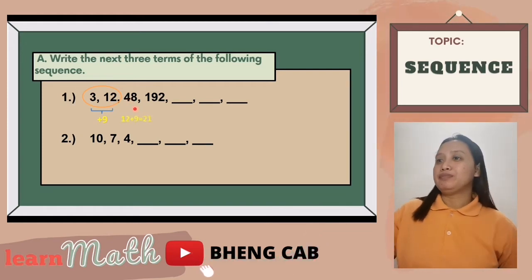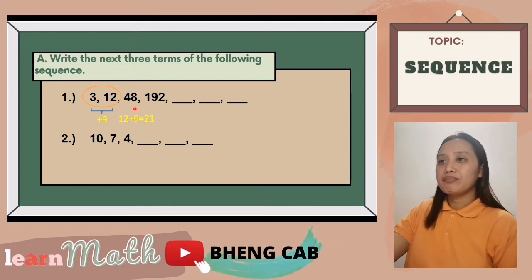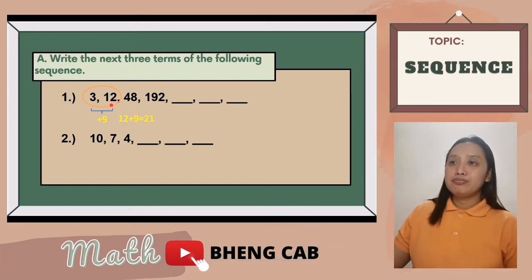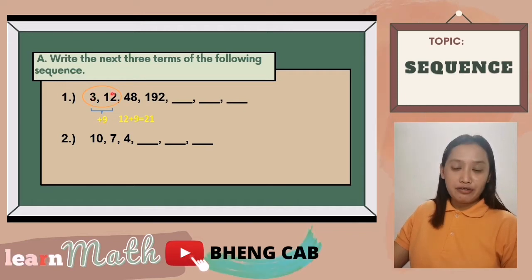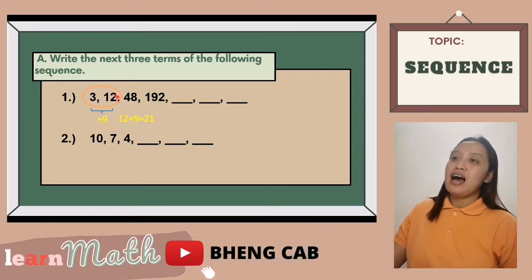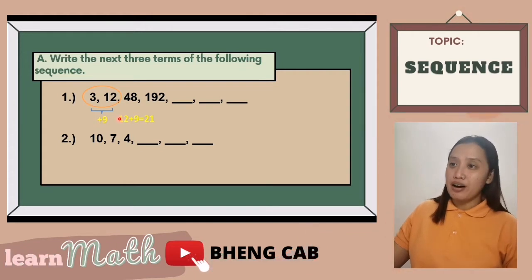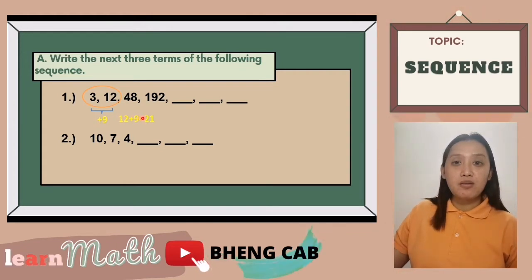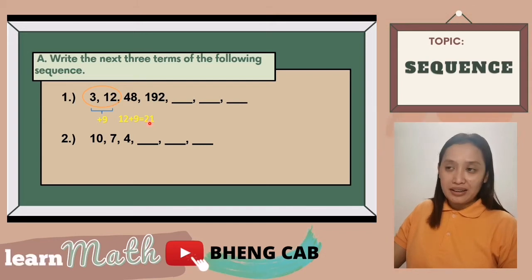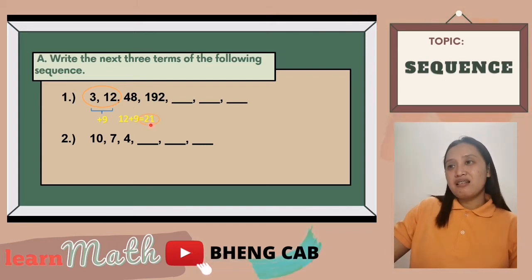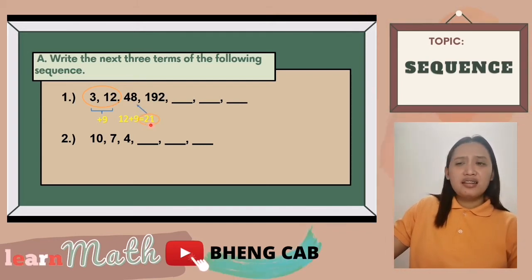So, example, 12, since alam natin na 3 plus 9 ay 12, let's try by adding 12 and 9. So, 9 plus 12 or 12 plus 9 is equal to 21. That means, ang ating third term sa ating given ay 48.